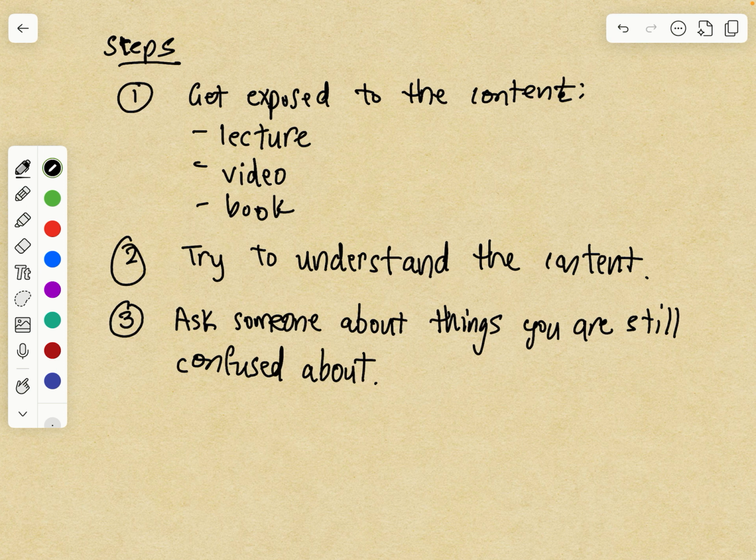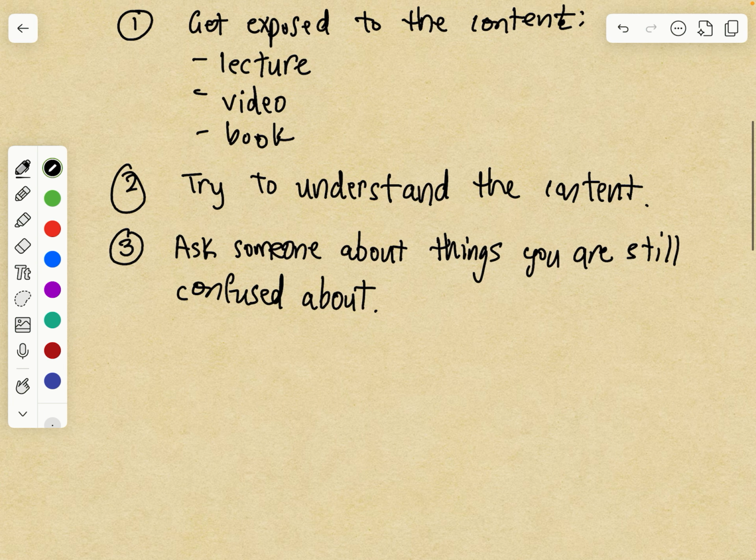Now, a lot of students don't do step 3. They do steps 1 and 2, but then once they get stuck, they never ask people about the things that they're stuck on. Now, sometimes when you're confused about something, you will figure it out eventually, just over time. Or maybe it's something that you were stuck on, but after a day or two, you figure it out. So then you didn't really need to ask someone.